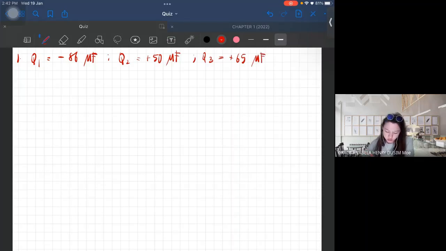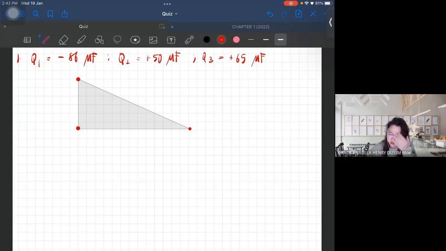The drawing is a triangle, with a charge at each corner, Q1, Q2, Q3.